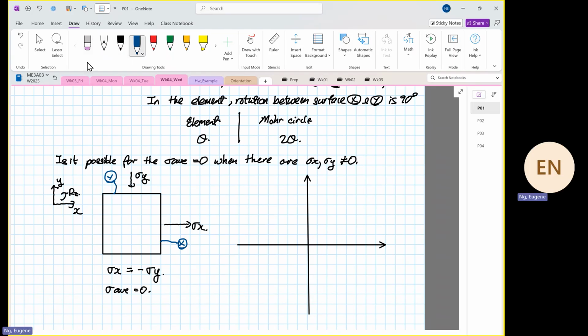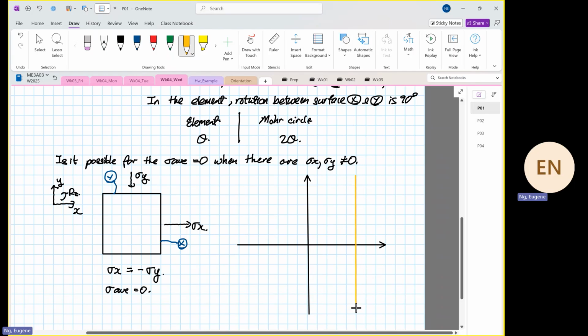So we state that what? Stress X is equal to minus stress Y for this condition and this condition only. So over here, you can see, I think the screen has high enough resolution. You can see 2, 4, 5. I draw 5 boxes towards the right. And then I am going to draw 5 boxes towards the left. 2, 4, 5. Okay.